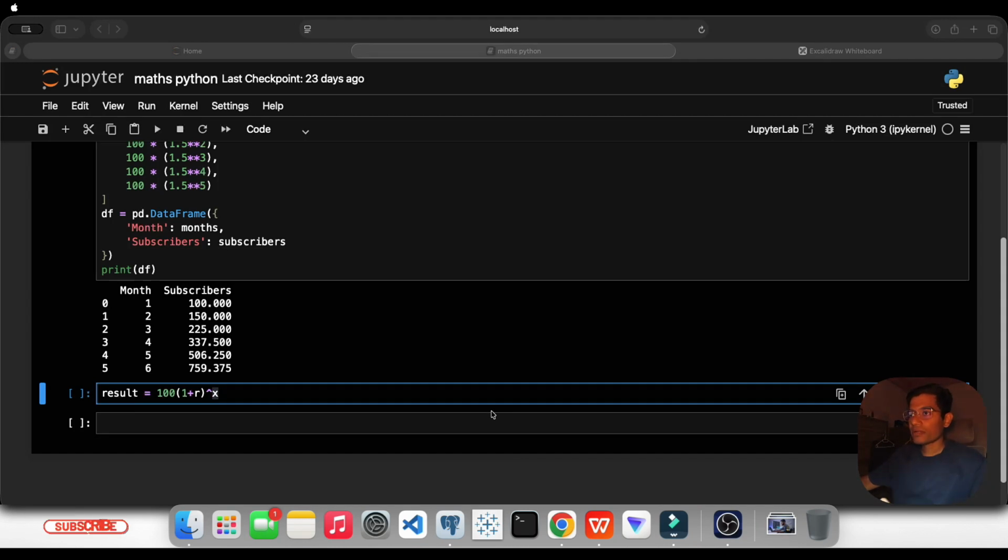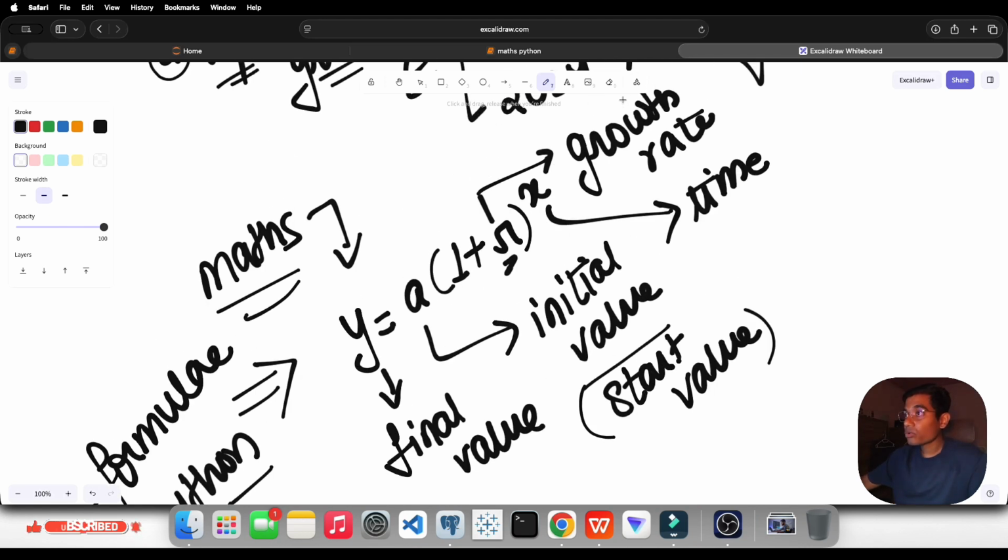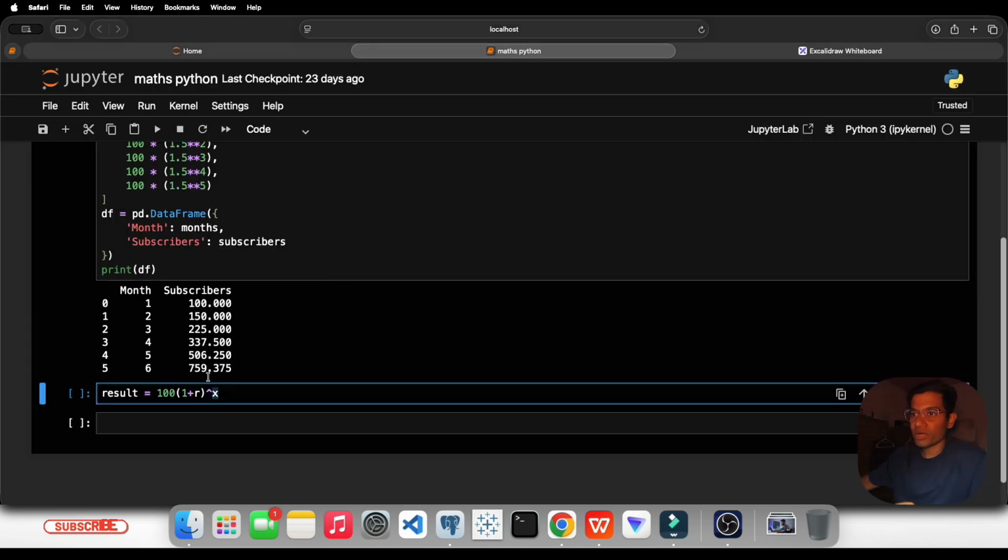Right now, suppose I want to keep the growth factor. If you see it here, this is the growth rate. So for growth rate, suppose I tell you the growth rate should be 1.5. Let's take the growth rate as 1.5.